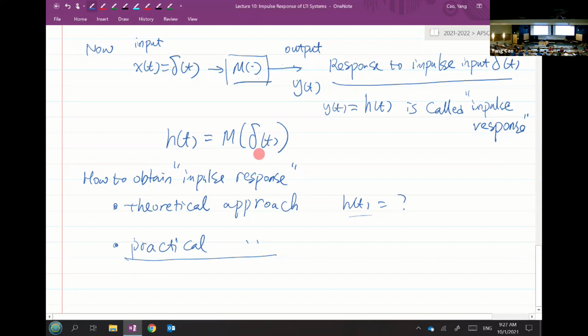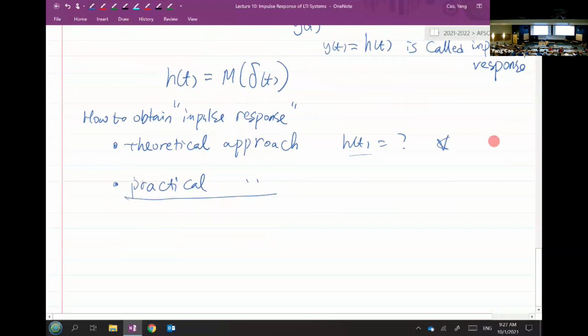But none of this can be ideal. That's why in this lecture we will focus on the theoretical approach: how to generate the impulse response from the derived system equation using a mathematical approach.